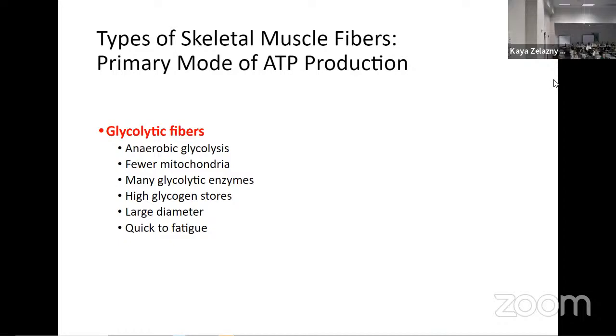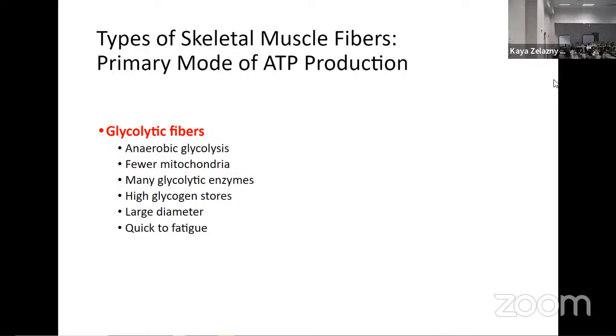So this is less effective for energy production, essentially, which is how we end up with that quick fatigue property, really. So that we're not able to sustain this glycolysis in terms of how much energy we're producing over a long period of time in the way that we'll see oxidative fibers kind of can.